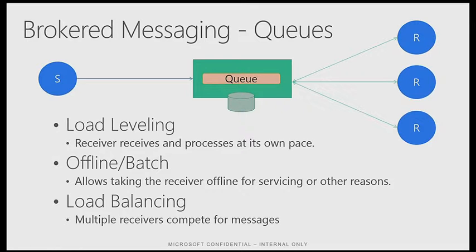So there are two receive modes. One is receive and delete. In receive and delete, when I get the message, it is basically deleted from the queue. And if I fail to process the message, it is lost. In the other approach, peek lock, I receive a message from the queue. The message is still in the queue, but it is locked. No one else can receive the message.